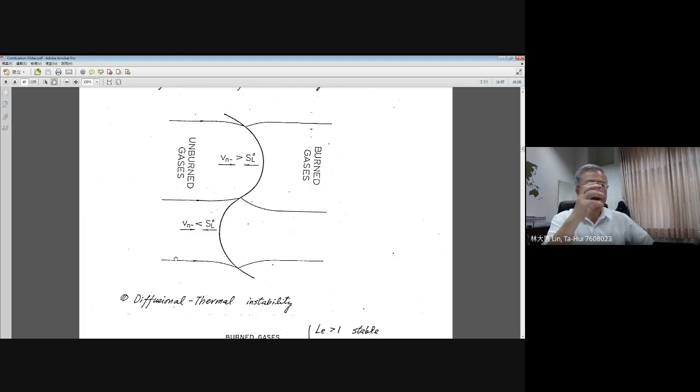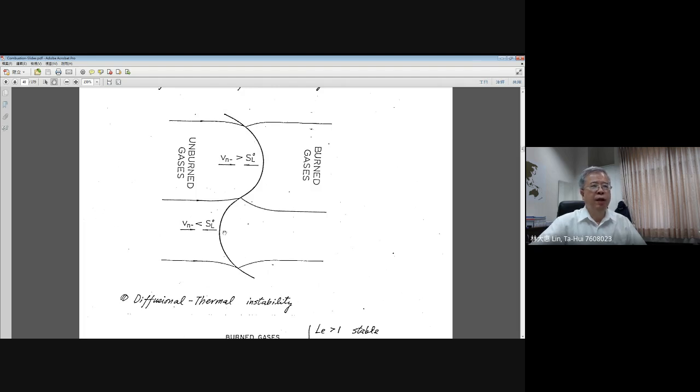When you have an increased cross section for a given stream tube, that means the flow velocity near the flame will be reduced. Okay, when you have a reduced approaching upstream velocity, it cannot be balanced with the original flame speed. This flame will be pushed to the upstream side. Okay, and this curvature will become more severe, more convex to the upstream.